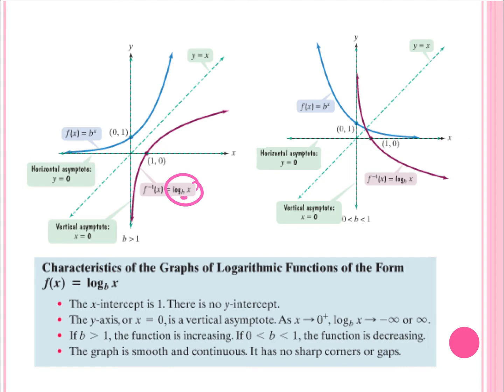So in log graphs, our base is what's going to tell us. So when our base is greater than 1, we have a graph that looks like this and is in that shape. When our base, so that little number down below on the log, when it's a fraction, so if it was some type of fraction in between 0 and 1, then our graph goes in the opposite direction. So it would start close to 0 and then get further away.